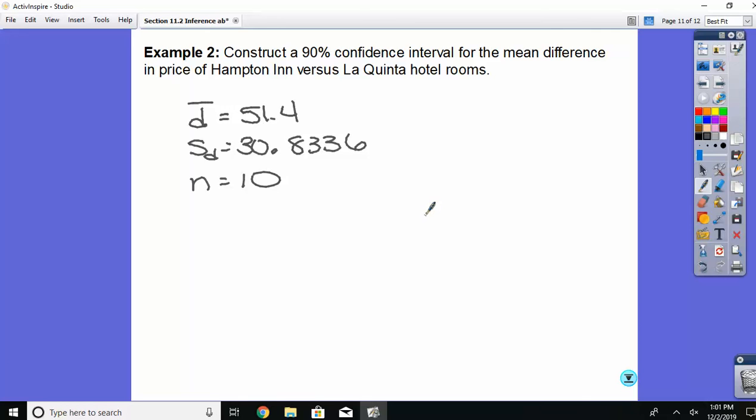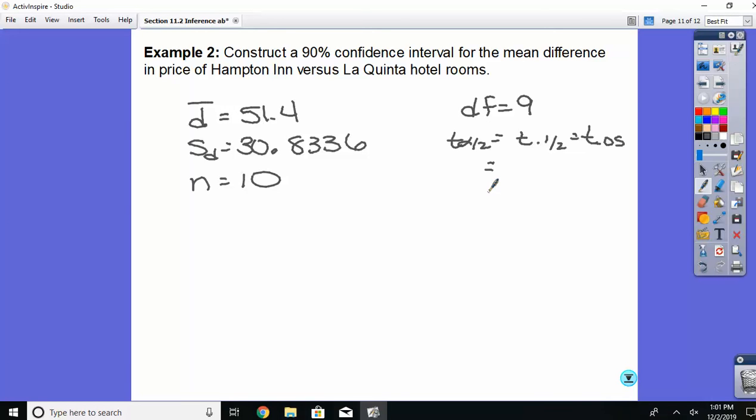The other piece that we're going to need in this is our T. How many degrees of freedom do we have? Okay, so our T alpha over 2. We're talking about 90%. So alpha is 0.1 divided by 2. So that's our T, 0.05. So if you go to your T table, 9 degrees of freedom, 0.05.